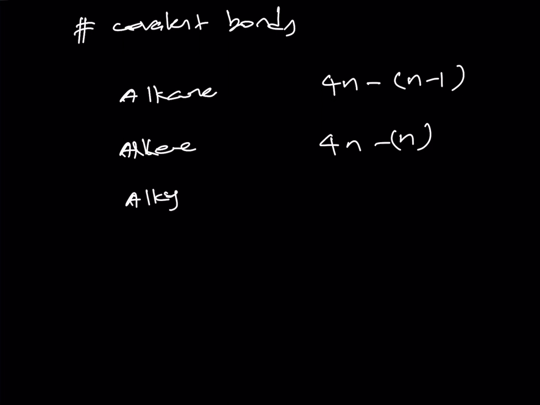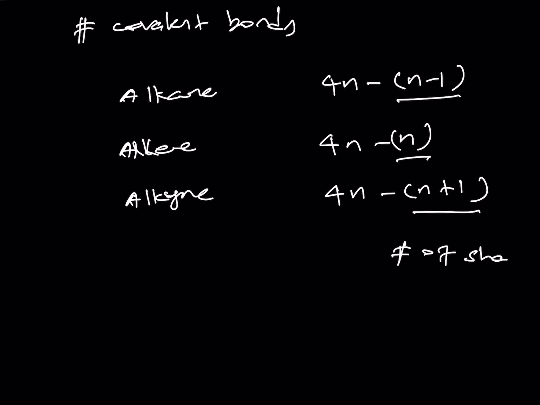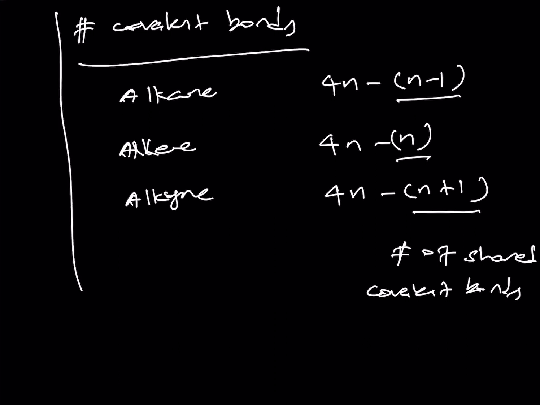If it is an alkyne, then 4n minus n plus 1. So this n minus 1, n and n plus 1, they all give us the number of shared covalent bonds, which we need to subtract from the total valency of each carbon, and then we will get the total number of covalent bonds.